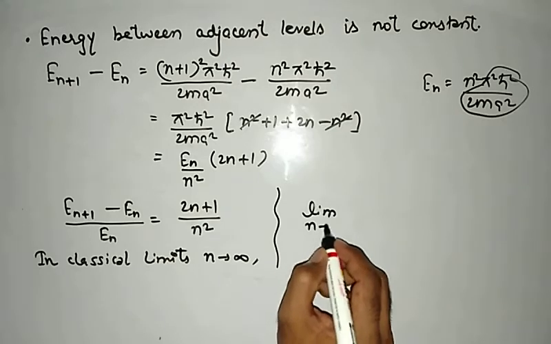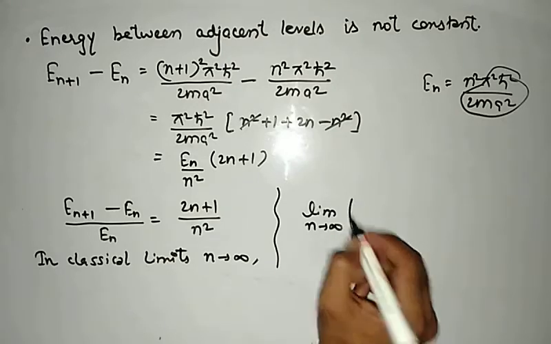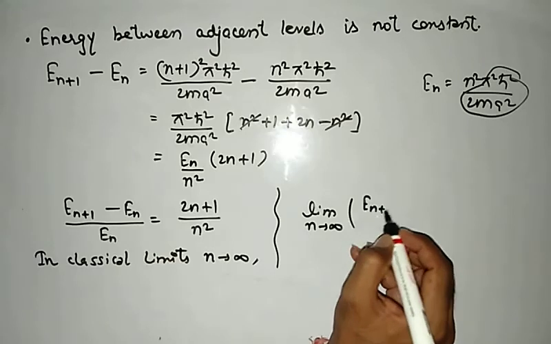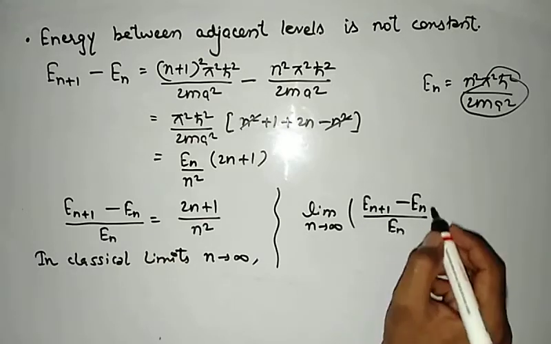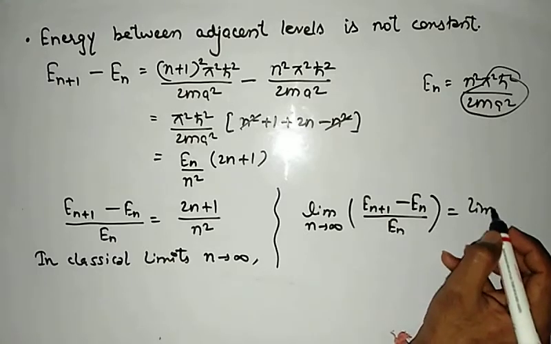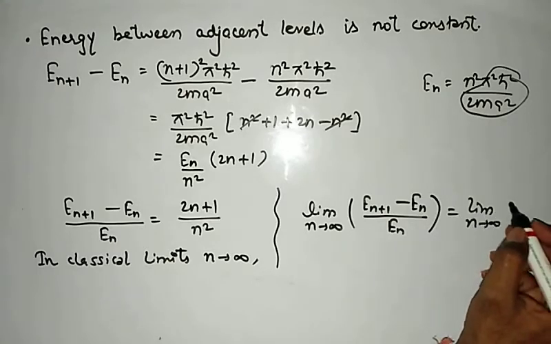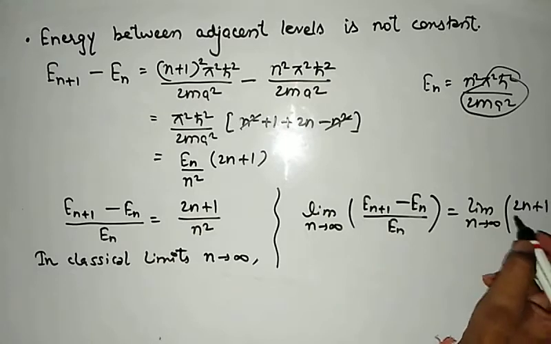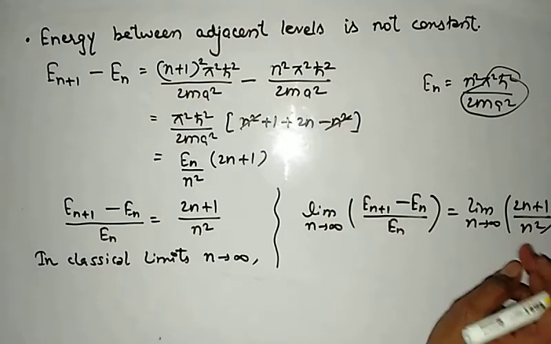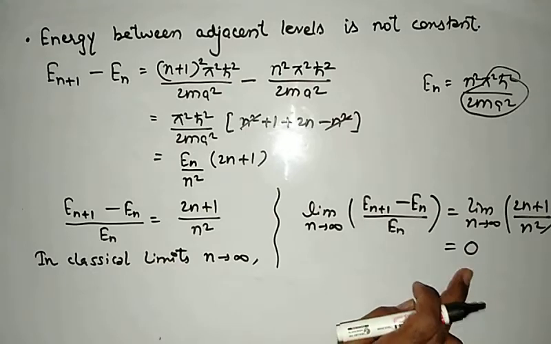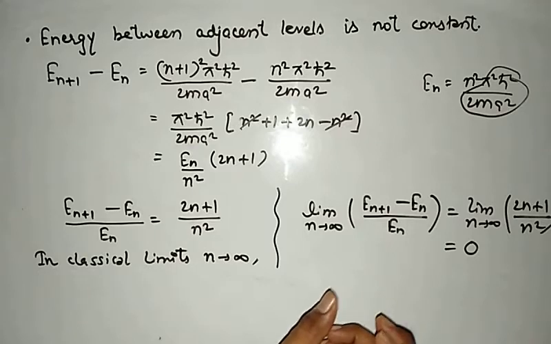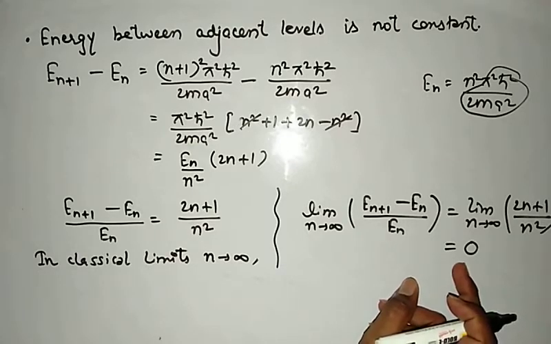The limit as n tends to infinity of En plus 1 minus En upon En is equal to the limit as n tends to infinity of 2n plus 1 upon n square. Obviously this will be 0. It means that the levels become so close together as to be practically indistinguishable.